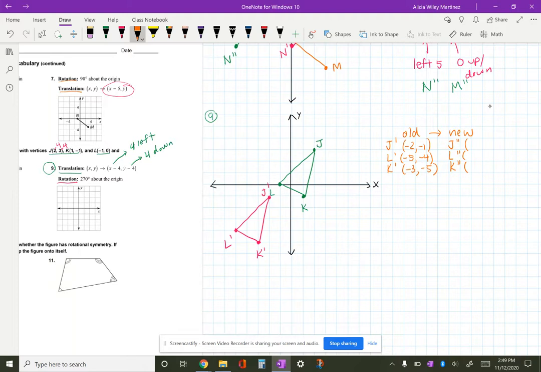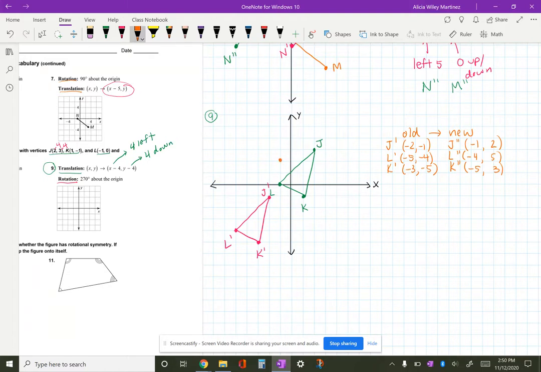Switching the x and the y, that becomes (-1, -2), and I change the sign of the y value, so that becomes positive. You can either make it a plus sign, or you can simply erase it. Then for L double prime, I switch my x and y's and change the sign of my y value, which makes that 5 positive. And then for K, I switch my x and y's, and that makes the y value positive. So it looks like this.